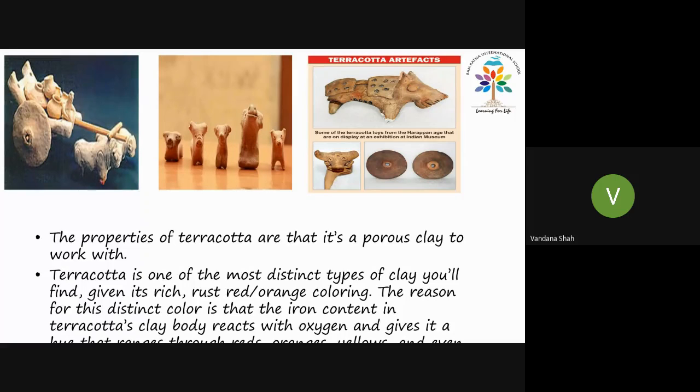Even we try to do pottery in our school, but you can see how terracotta has such distinct types of clay, which will show you different colors, either red, orange, or whatever color or shape you want to give, because it gives that kind of shine which will really make the product, your toy or your pottery so attractive, that you can see in this civilization. Yes, ma'am. Next.